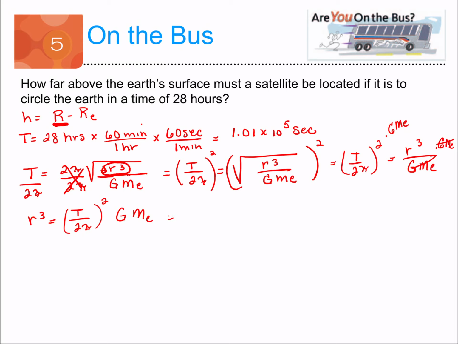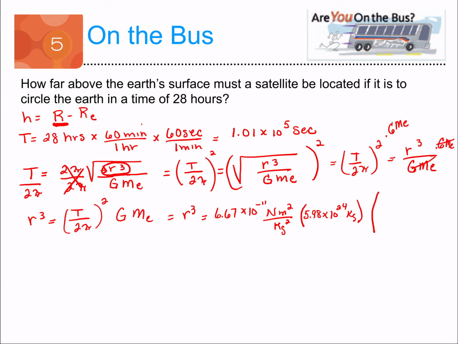Okay, so let's fill in the blanks. So r cubed is going to equal g times the mass of the Earth, so we have 6.67 times 10 to the minus 11 newtons meters squared over kilograms squared, times the mass of the Earth, which from a previous problem we know is 5.98 times 10 to the 24 kilograms.